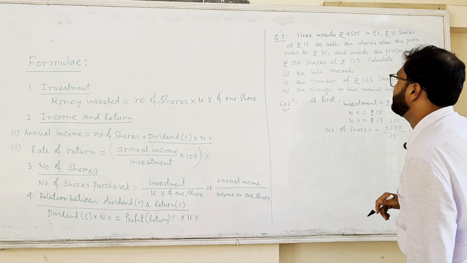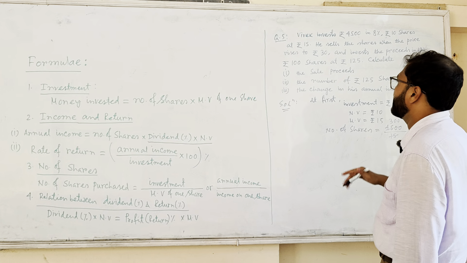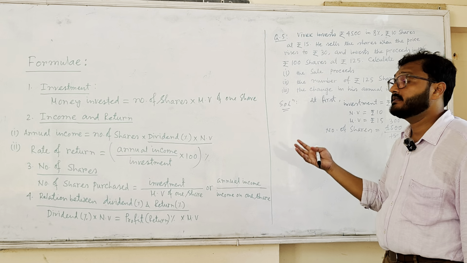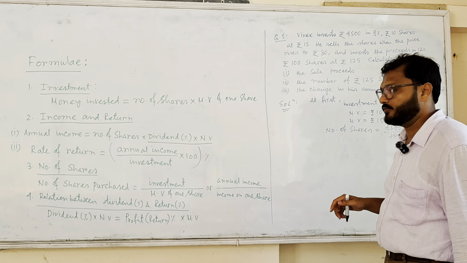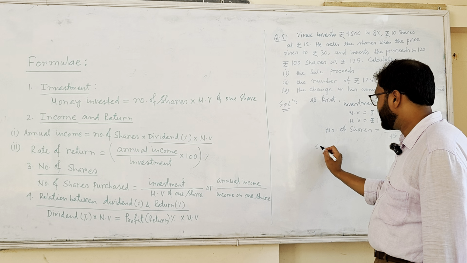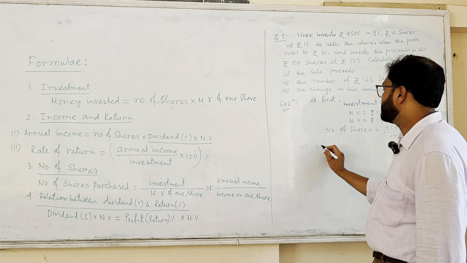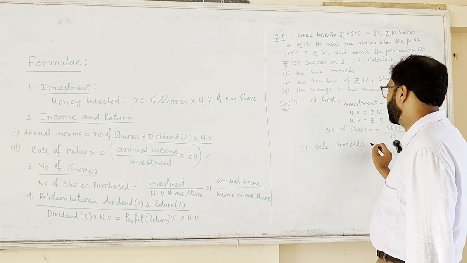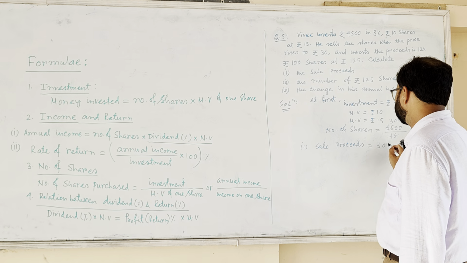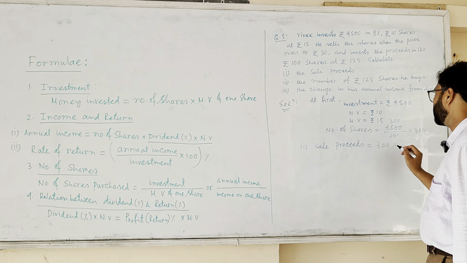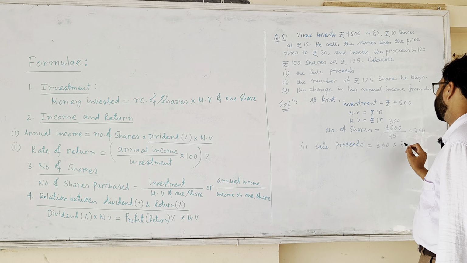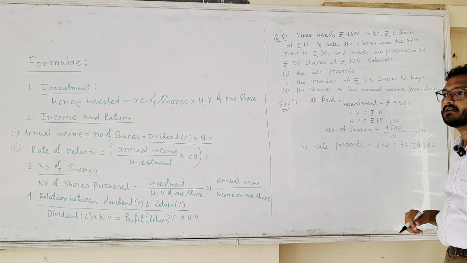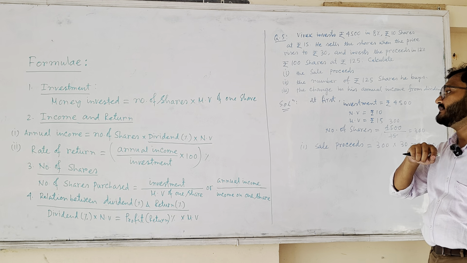So 300 shares he bought at first. Now what happened? He sold these 300 shares at the rate of 30 rupees. So the sale proceeds equal number of shares into selling price, that means 300 into 30. So rupees 9,000 is his sale proceeds.